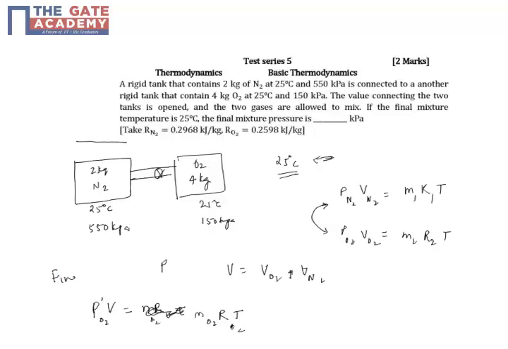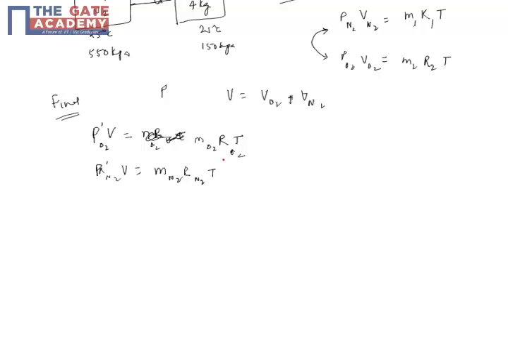Now the final pressure of N2 times V equals the mass of N2 times R of N2 times T. So this is all the same. Now we need to get the total pressure. Because these are partial pressures, the total pressure the tank will feel is the sum of these two.